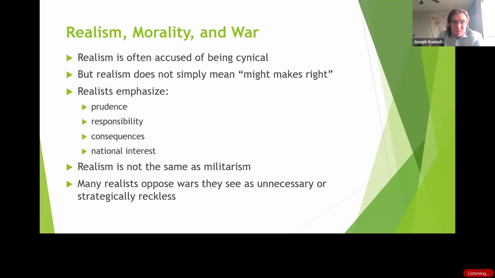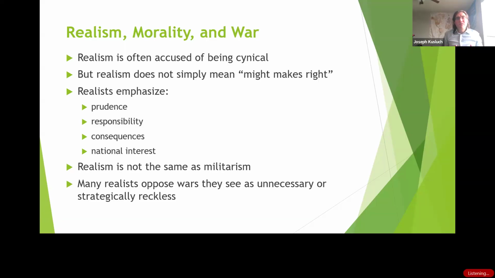Our textbook, and your textbook probably too, argues that this is too simple. Realists are indeed skeptical of moral crusades in foreign policy, but many realists are not rejecting morality altogether. Instead, they emphasize prudence and responsibility.